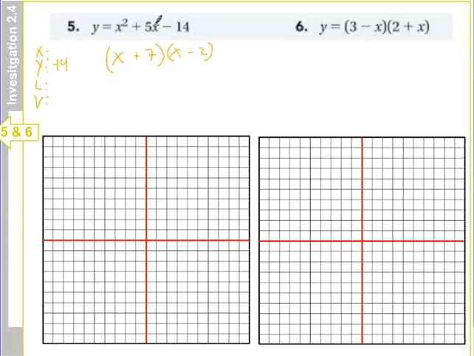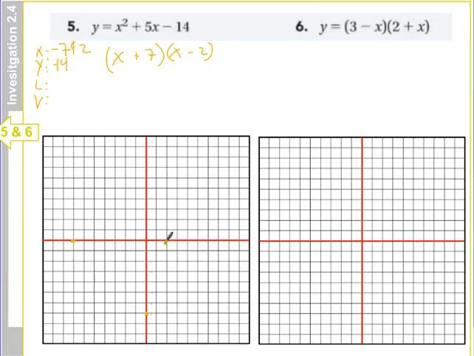So therefore, my x-intercepts are going to be -7 and 2. My line of symmetry is halfway in between those, but let's put in those things. So -2, -4, -6, -8, -10, -12, -14. So there's -14. Thank you. My x-intercepts are going to be -7, 1, 2, 3, 4, 5, 6, 7, and 2.